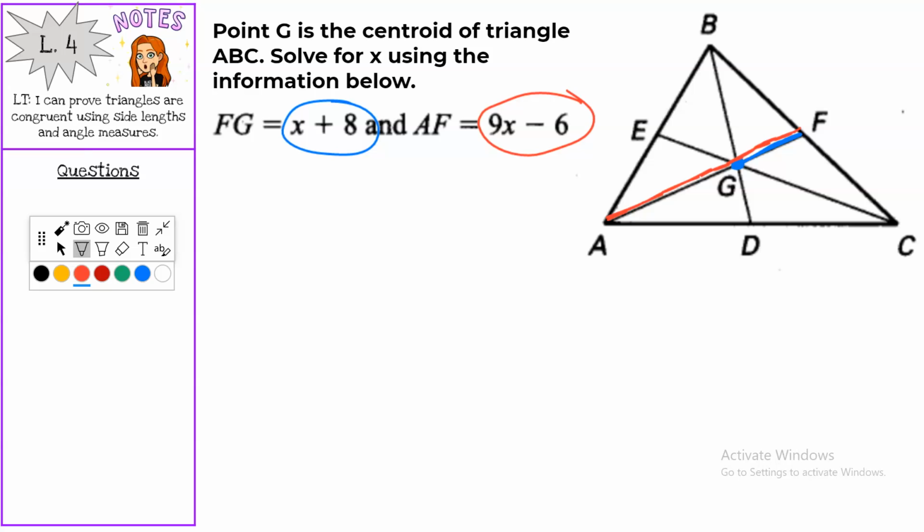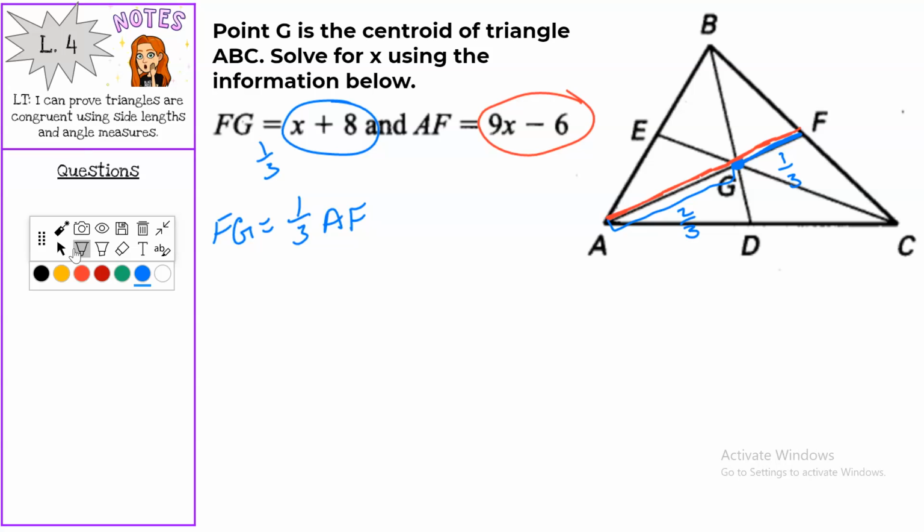In this part, we're given that this is the 1/3 of the whole because it's the piece at the end, because this piece up here would be the 2/3, which makes this piece down here 1/3. So we know that FG is equal to 1/3 of AF, the whole.